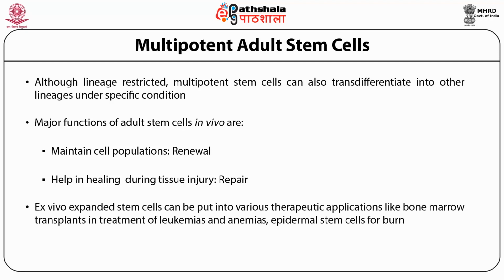They can be used for various therapeutic applications, like bone marrow transplants in the treatment of leukemias where your bone marrow has defective cells, or in the treatment of anemias where there are fewer hematopoietic cells in the bone marrow, or like epidermal stem cells, which can be used for the treatment of skin burns.